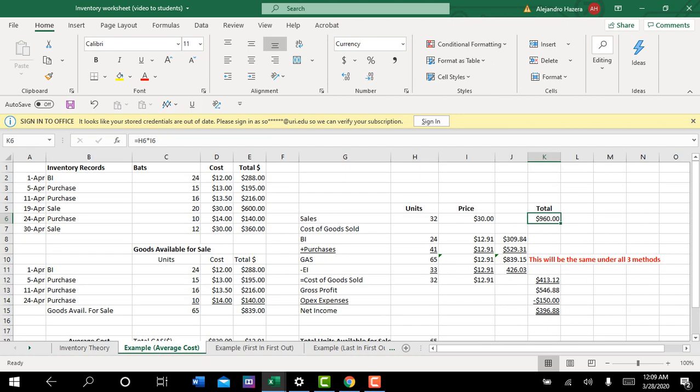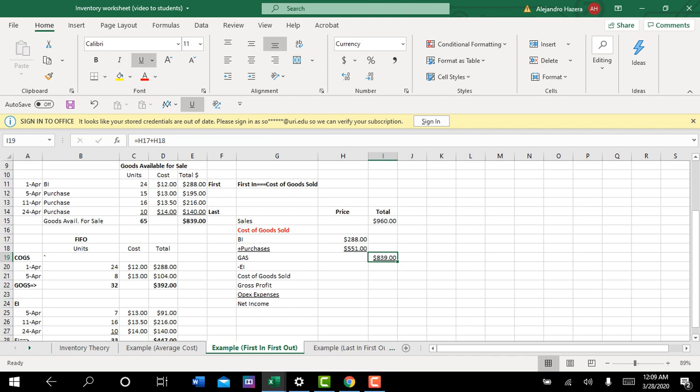The only thing that's going to change in all this is how we split that $839. I'm going to take this and push it out there. So we've got goods available for sale of $839. The only difference, like I keep saying, between all three methods is how you split this $839.